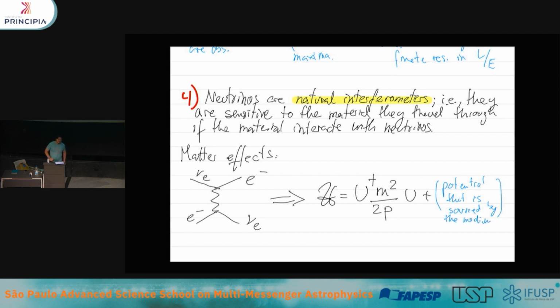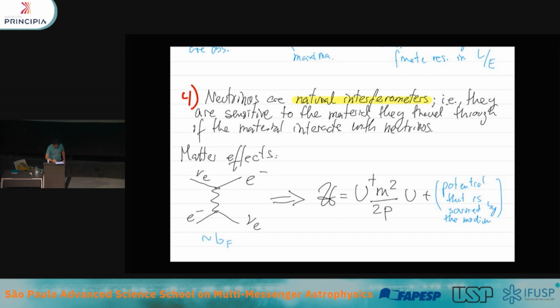Okay, and so it turns out that the size of the potential is going to be proportional to the strength of this interaction. The strength of this interaction is given by G Fermi, and then the number of electrons at a given time.